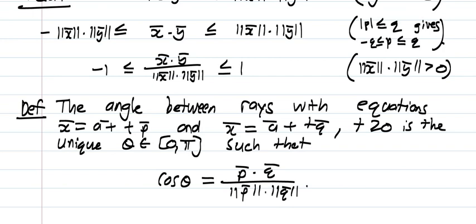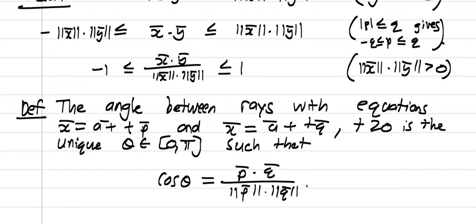So if we say we have two rays, so the one ray has equation x = a + tp, and the other ray has equation x = a + tq, where t is greater or equal to 0. So remember, when you see t greater or equal to 0, you're dealing with rays. Then we say that the angle between them is that unique theta in the interval from 0 to pi that satisfies the following equation.